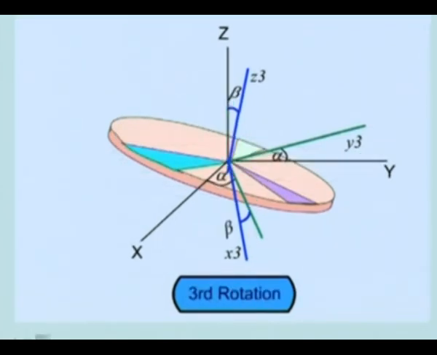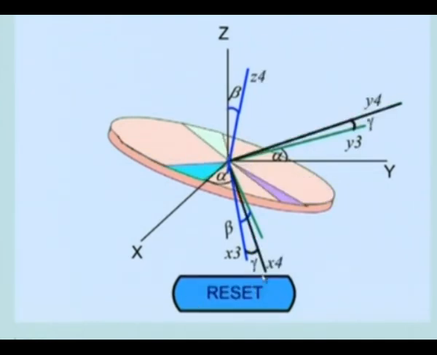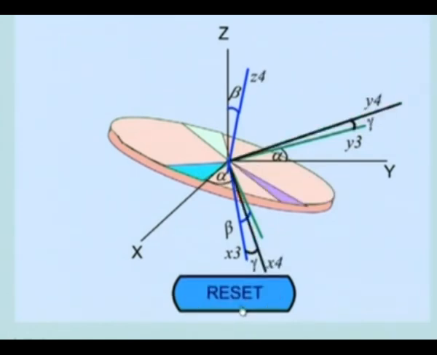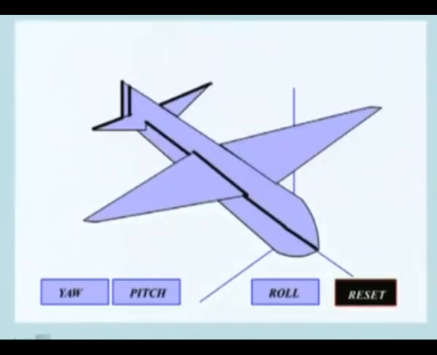Finally, x3, y3, z3 is rotated about z3 by an angle gamma. So we will reset that and see the third rotation about z3, gamma. So we get another type of orientation. Like that we do and we understand that.